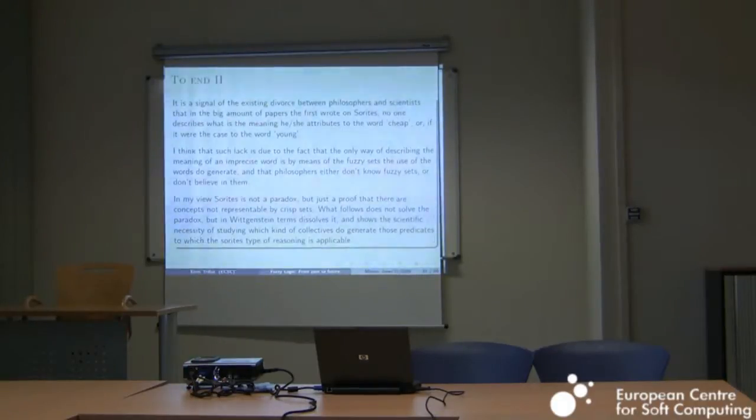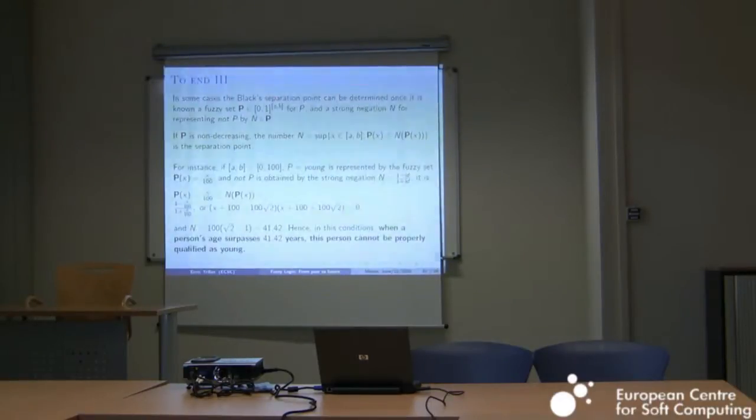Well, there are hundreds of papers on Sorites without describing what a heap is. I think that this is curious. What I am trying is not to explain the paradox, because I think that there is no paradox. What there is, is a theorem showing that some predicates can have a classical extension, nothing else. I will try to dissolve the paradox.